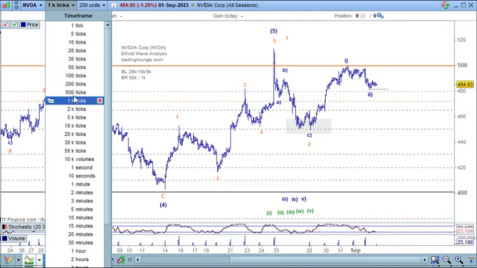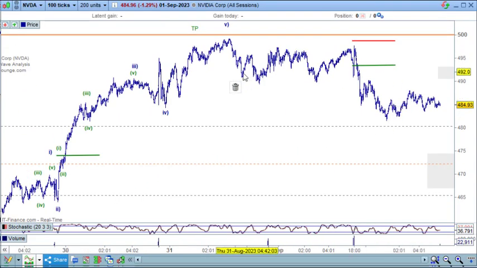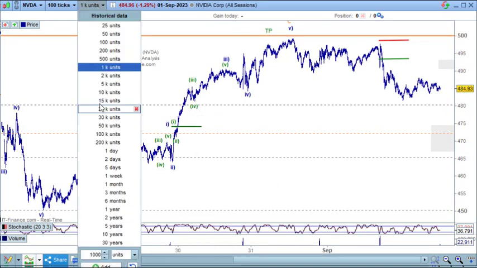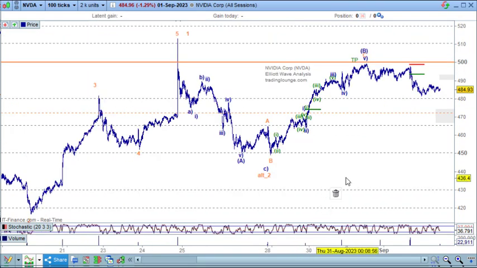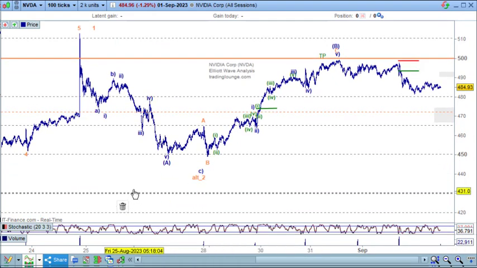And the short side, let's go in and have a closer look. In this case, if I was going to look at this as being bearish down here, I could look at the A wave as wave 1 and 2 here and 3, 4, 5 here.